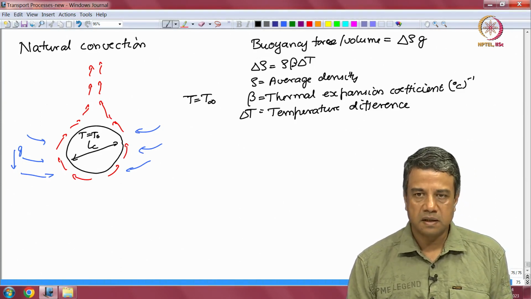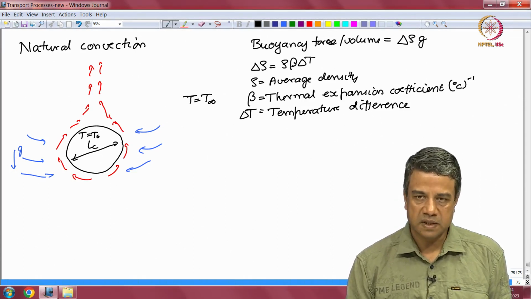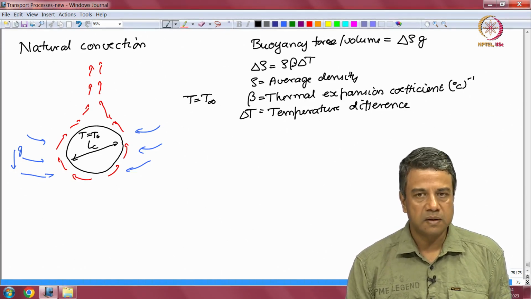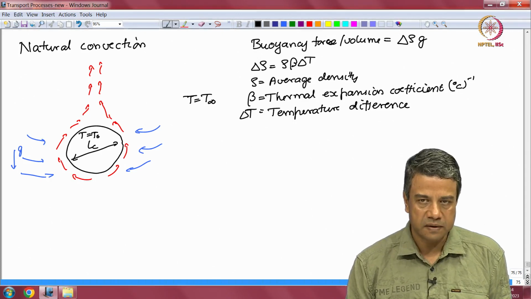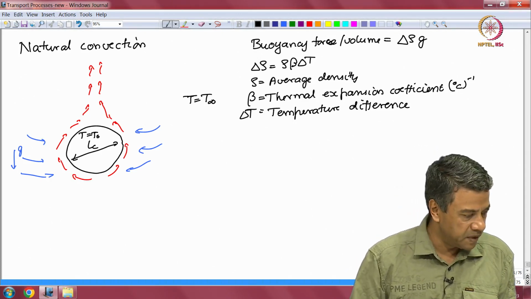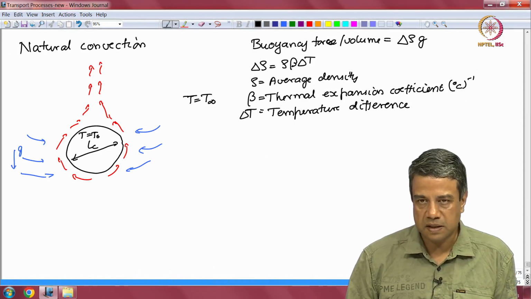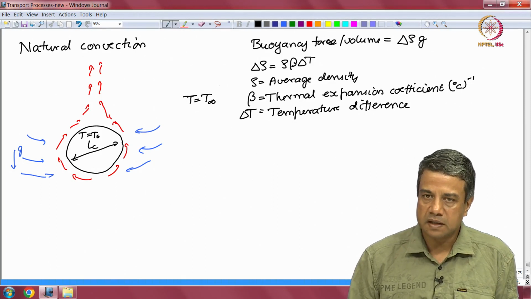As we had seen very early on in the settling of a sphere, at low Reynolds number you would balance it by viscous force density because viscosity is dominant. At high Reynolds number you will balance it by the inertial force density because inertia is dominant in that case. In this case we will consider the inertial force density and I will justify that a little later.